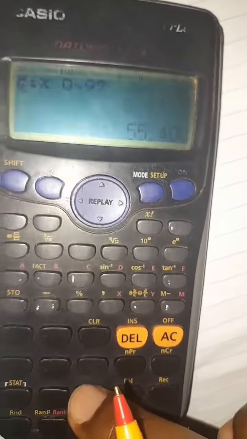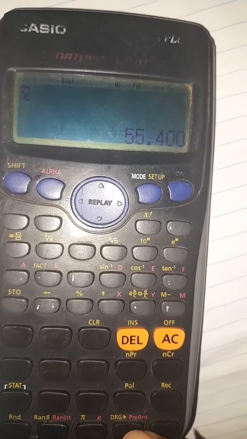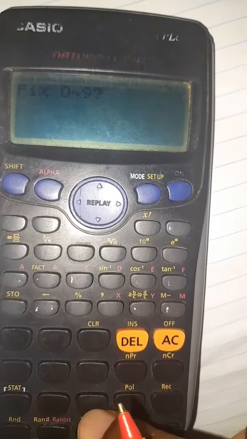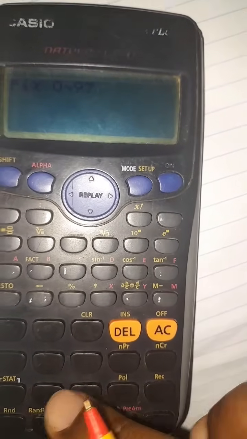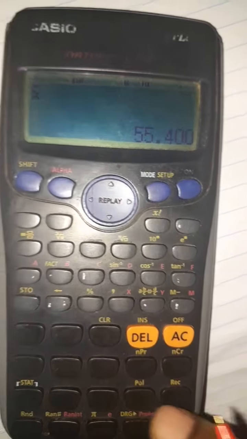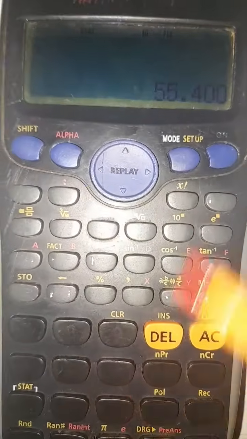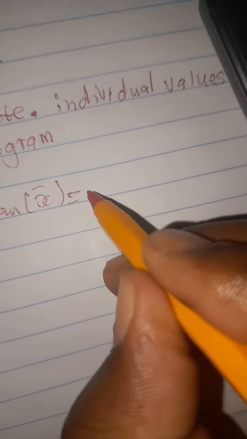How many decimal places? 3. They said 3. So you press 3 decimal places. So in other words, it's going to be 55.400. We need to follow the instruction, guys.